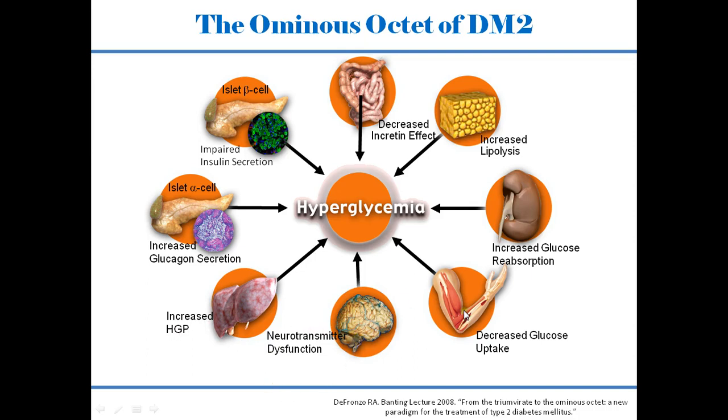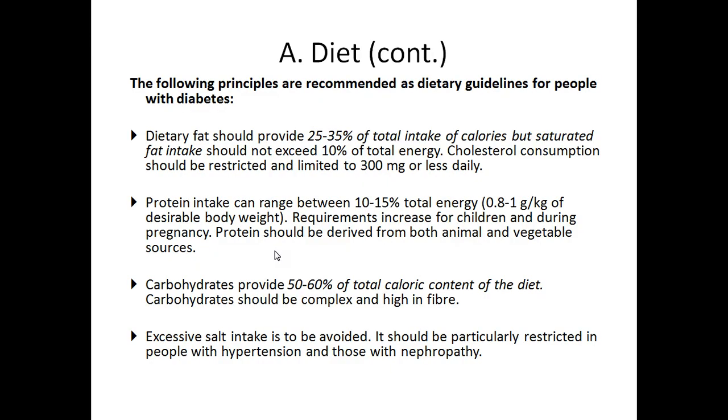There is decreased glucose uptake, decreased glucose reabsorption, decreased incretin effect, and there is increased lipolysis. These are all the pathways which are responsible for the development of diabetes, and we have now developed drugs which act on all of these pathways and have helped in improving this hyperglycemia. We will talk about them as we talk about the drugs.